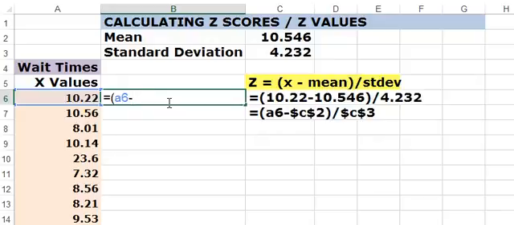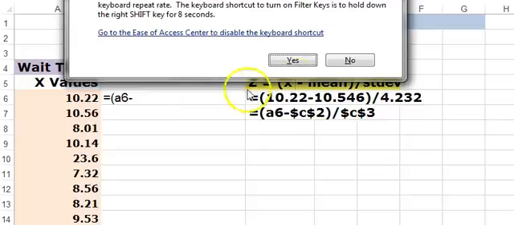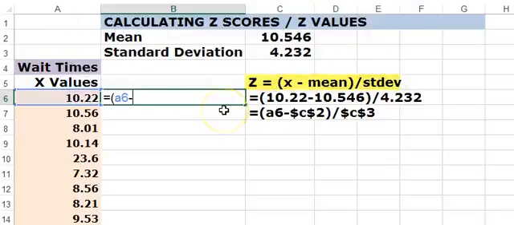I'm going to lock that in because that value, the mean and the standard deviation, are going to be included in every single formula that we calculate. So $C$2, close the parenthesis, divide, and $C$3 for our standard deviation.